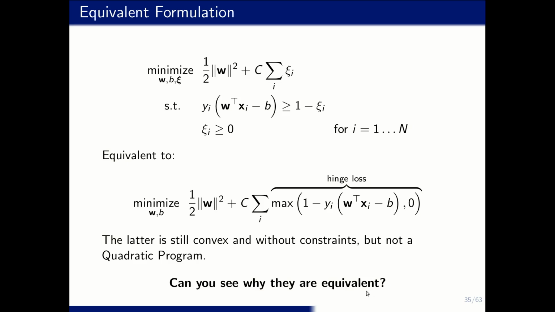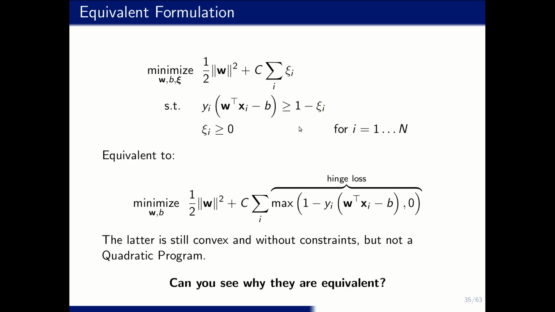A little help: think about points which fulfill their margin constraints, where the left-hand side is larger than 1. If this happens in an optimal solution, what will be the xi then? And if this is not fulfilled, how will xi be given?